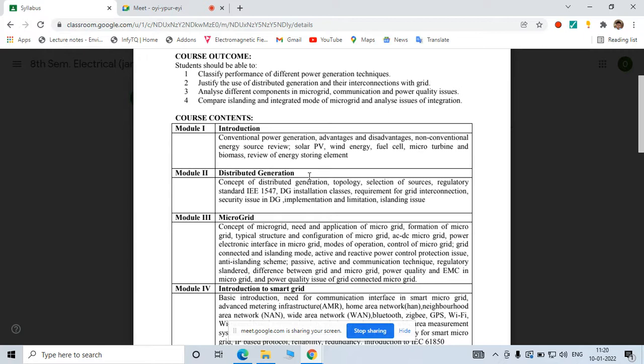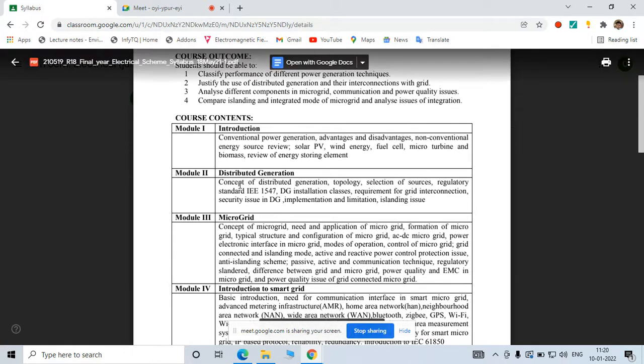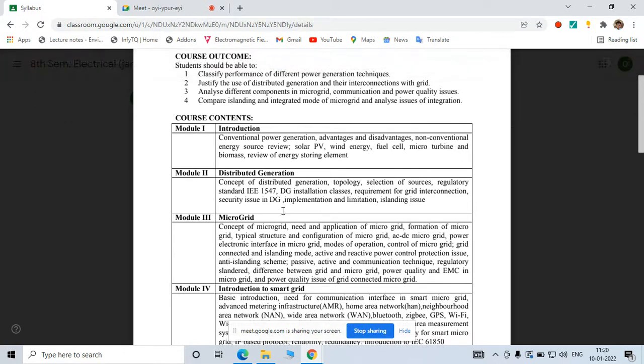And the same way, smart grid technology is a very important term, so in that module 2 we will study that.